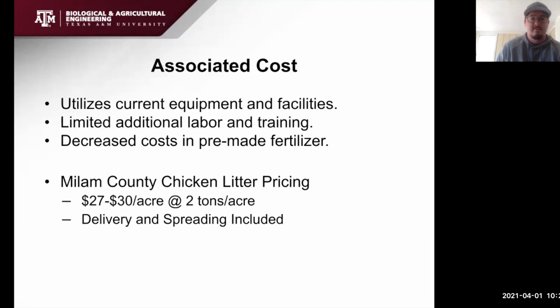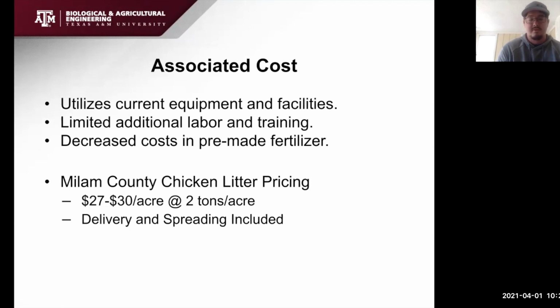So the price is going to be $27 to $30 per ton, and that price is going to vary based on how far the chicken house is from the vineyard. So you're not really changing much cost in there.